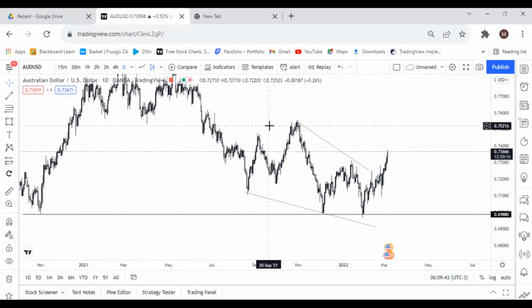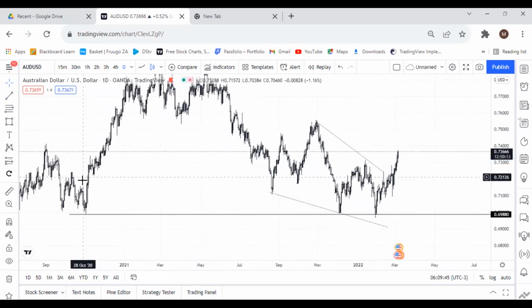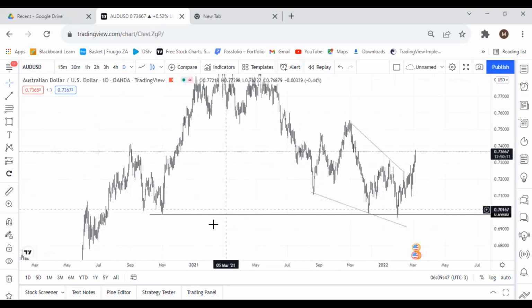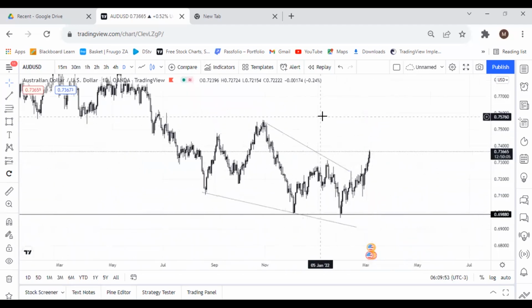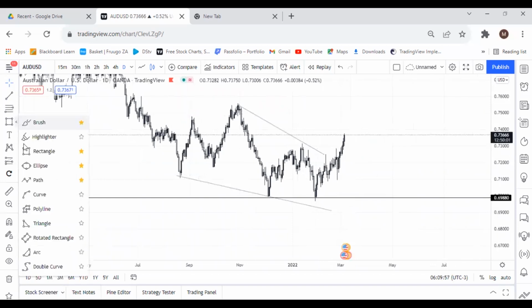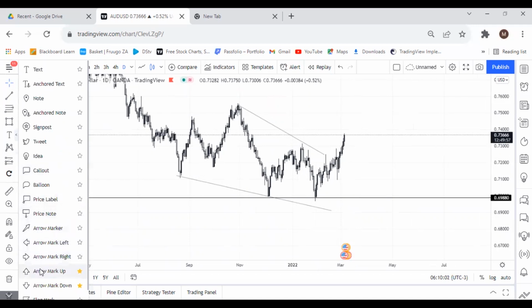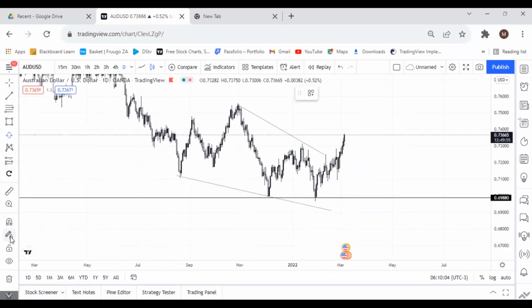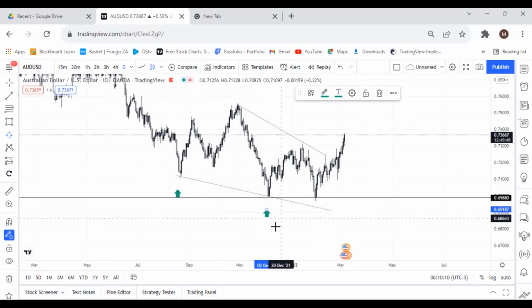We had a descending structure which had basically these two lows right here, call it a double bottom or whatever you want to call it, and we had a series of perhaps 3 touches. Let me just illustrate how those touches were. This was our first touch to our support, and this is our second touch to our support, and the third one.